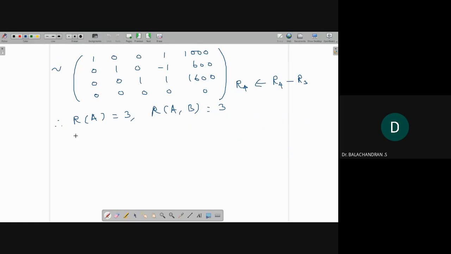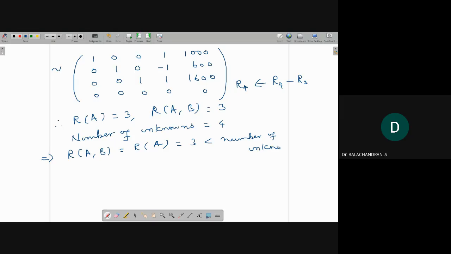So the rank of A comma B is equal to the rank of A, which is 3, strictly less than the number of unknowns, which is 4.